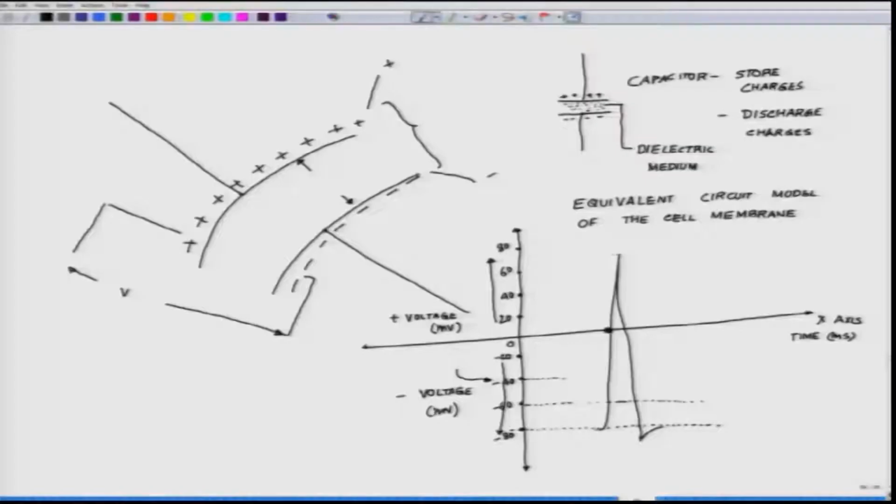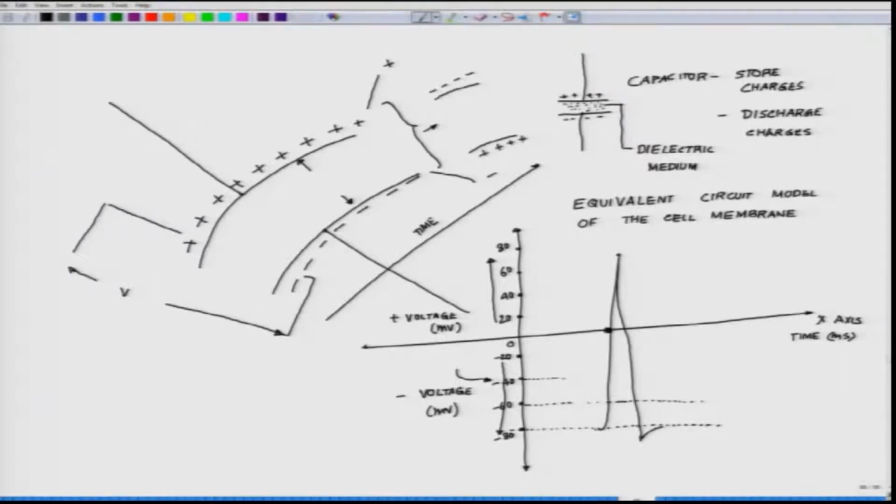Because going up like this means that all of a sudden a part of this membrane is behaving differently with respect to time. Here if I draw it like this, with respect to time, at a certain point this is becoming like this.